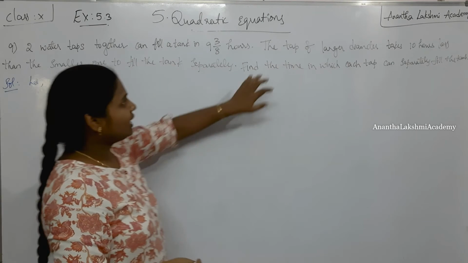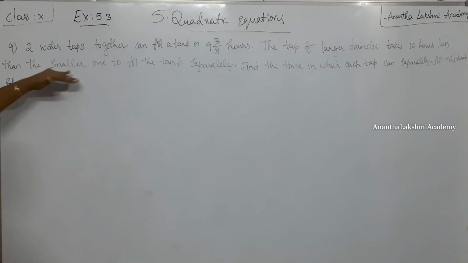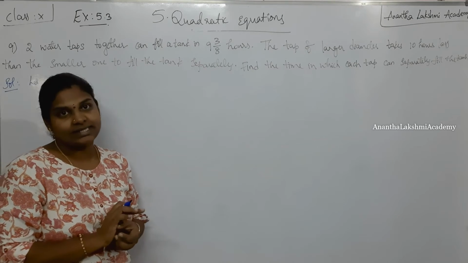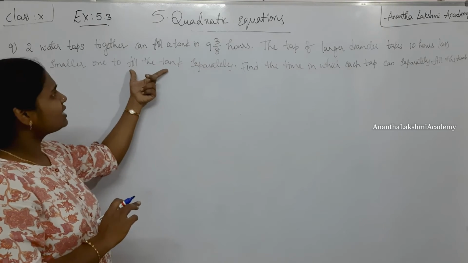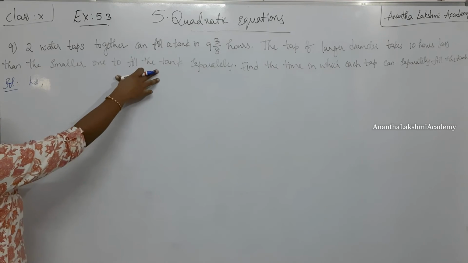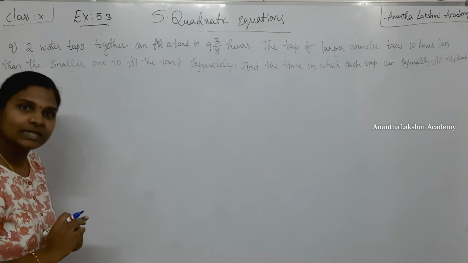Initially, the tap of larger diameter takes 10 hours less than the smaller one is what is given. Something which we need to assume as x is the time taken by the smaller tap to fill the tank.